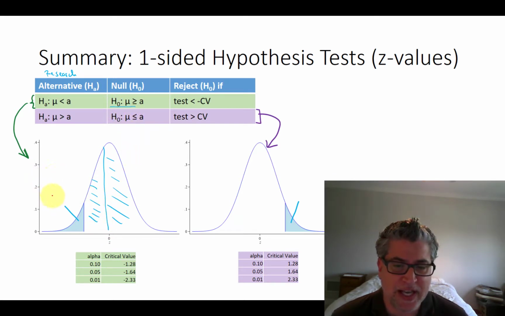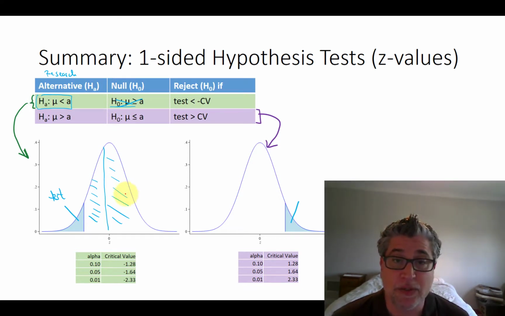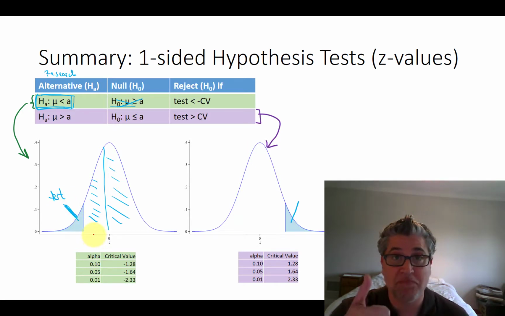It's only if we got a test statistic that's way less than what we were expecting that we would reject the null and instead go with the alternative. I find that to be a little bit convoluted. So the simple version is, if you think that mu is less than a, some number a, whatever that is, draw a sample, calculate a test statistic. Let's hope that it is way less than a. And if it is, yay. That's the hypothesis that we go with.